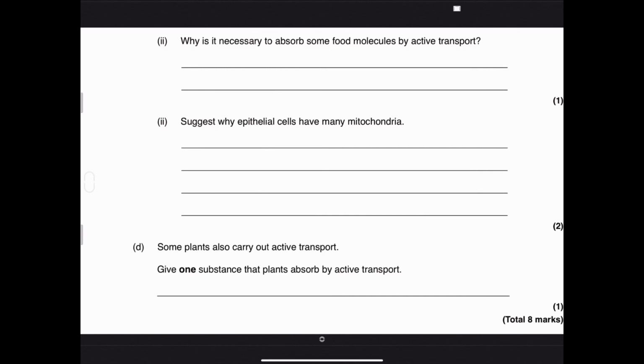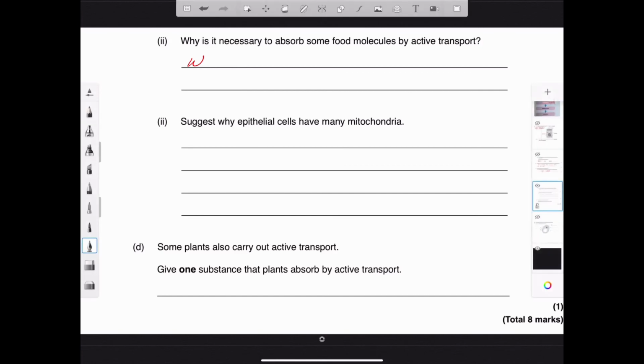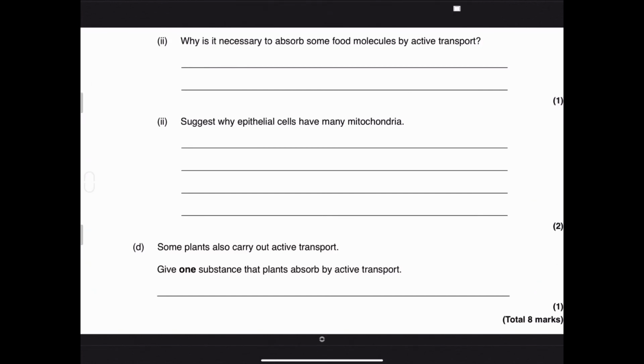All right, it says here, why is it necessary to absorb food molecules by active transport? Because absorption occurs against the concentration gradient.